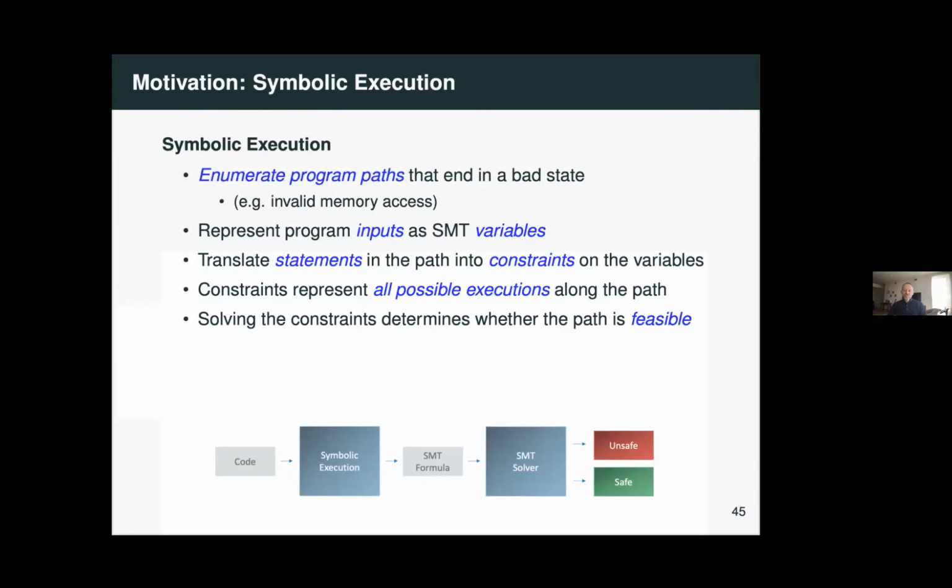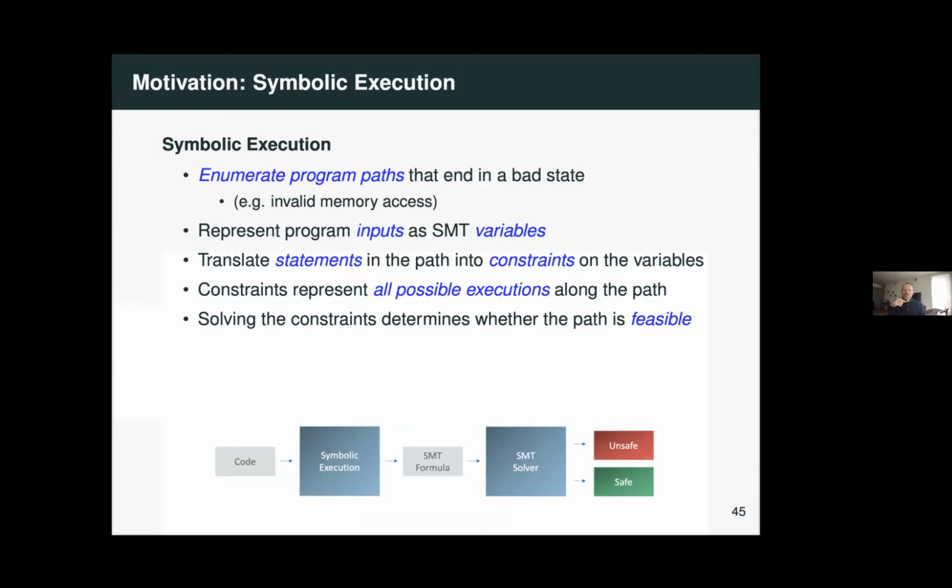And here's the motivation for this problem. The initial motivation we had is symbolic execution. As you probably know, symbolic execution is a technique where you maybe want to enumerate the program paths in a particular program that end in some particular target state, maybe a bad state, could be a security violation or some other kind of problem.